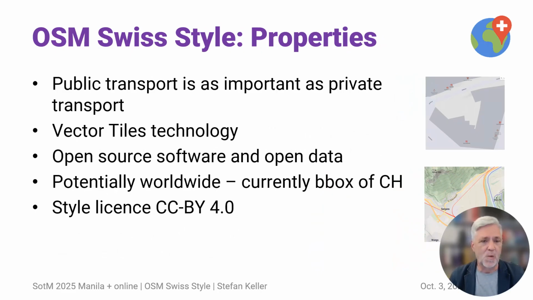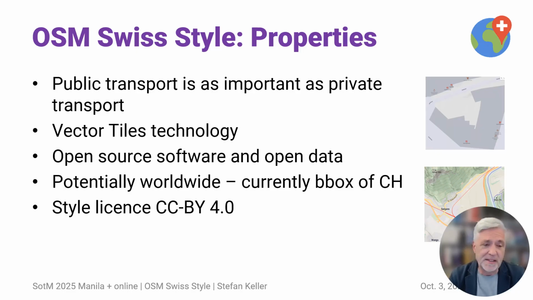So the properties of that Swiss style that I want to mention are that we tried to design the style having public transport shown as important as private transport, as I said before.